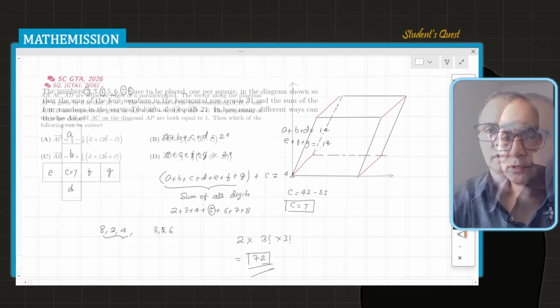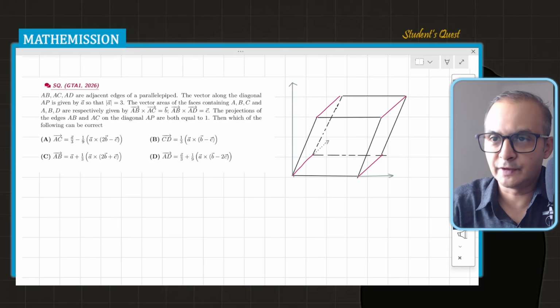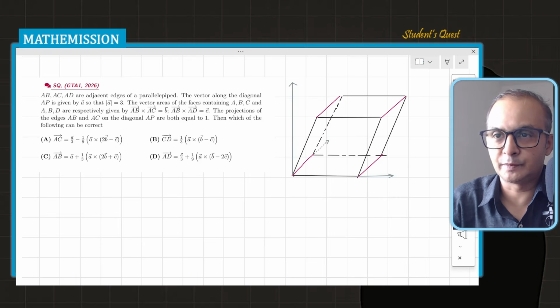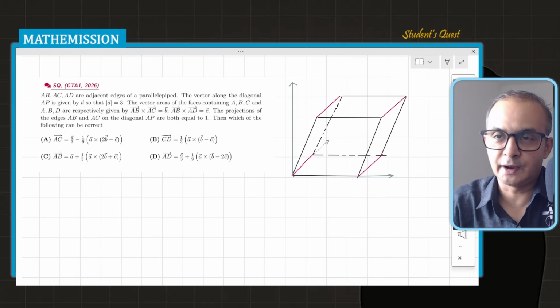All right. So this is another problem we have in which vectors are given. The question says that AB, AC, AD are adjacent edges of a parallelepiped. The vector along the diagonal AP is given by vector a, so that the magnitude of AP is 3.